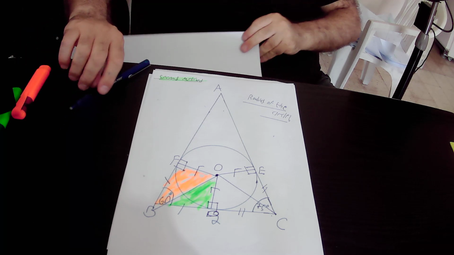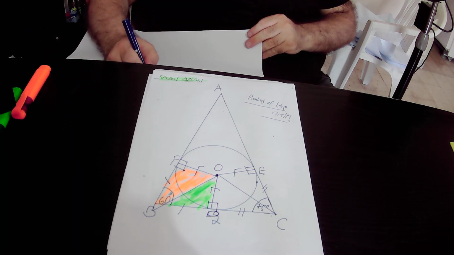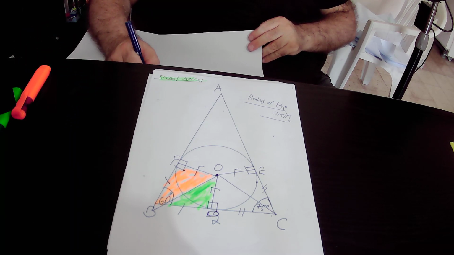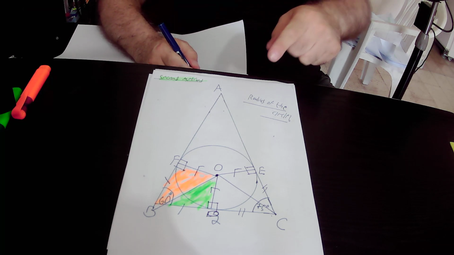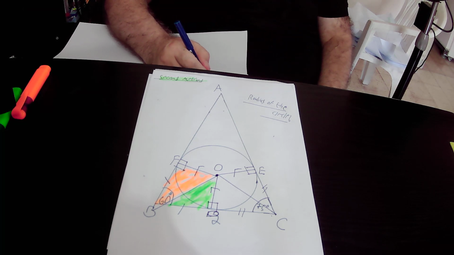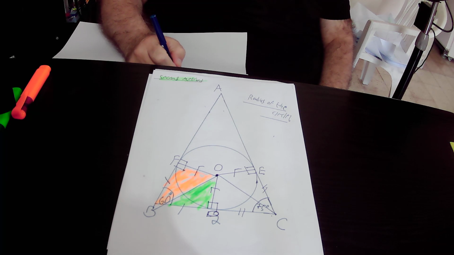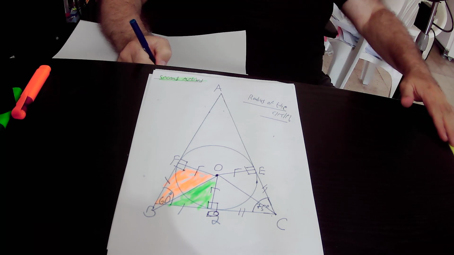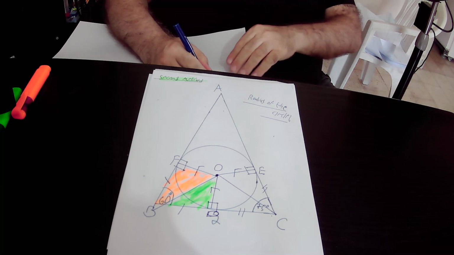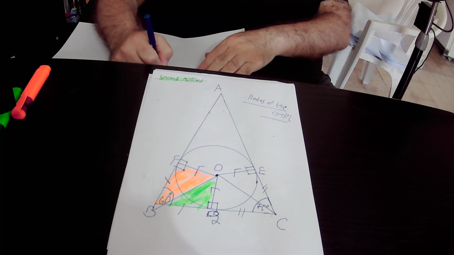So write it down. The green triangle is triangle ODB, and it is congruent to the orange triangle FOB. So why are those two triangles congruent to each other?